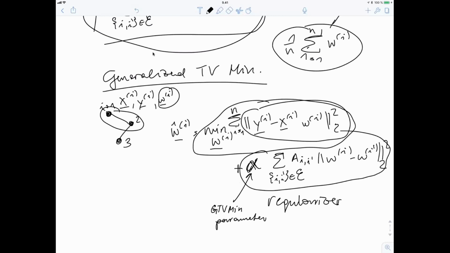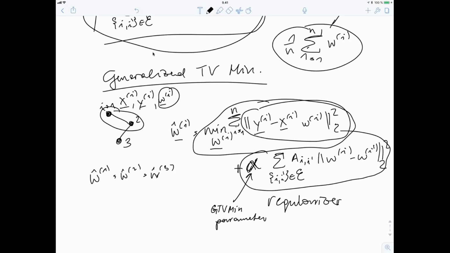So this corresponds to what is called single model federated learning. So we have a distributed data set, but we want to train a single model. And this is equivalent to having all nodes having a copy of this single model. So we would like to have W hat 1 equals W hat 2 equals W hat 3.